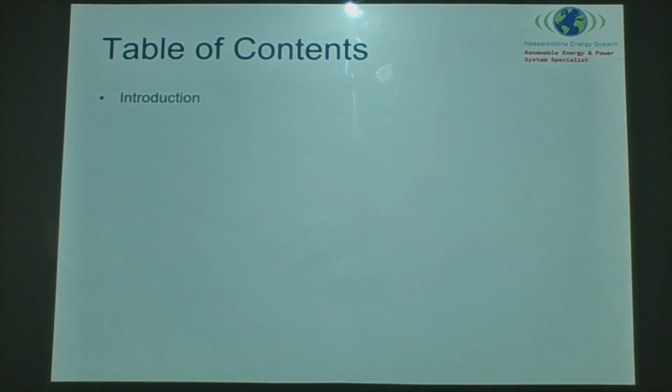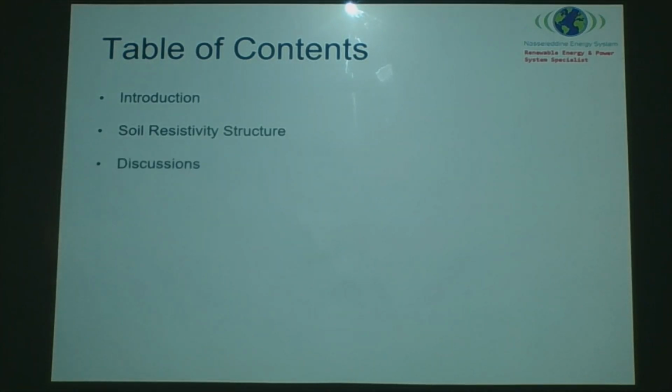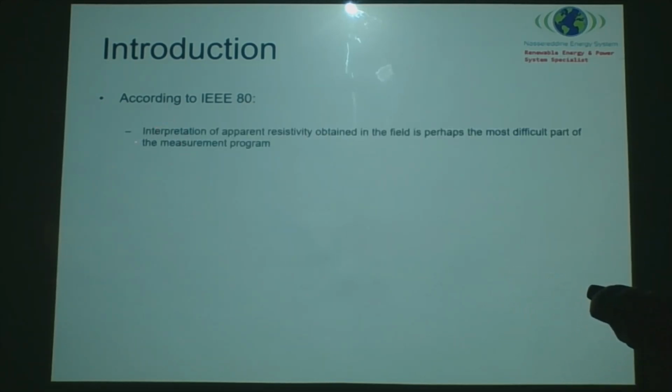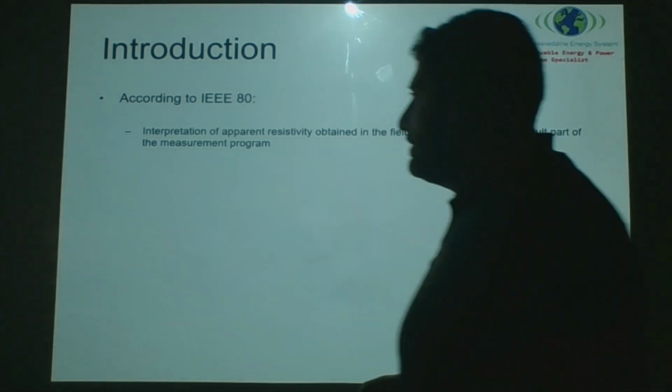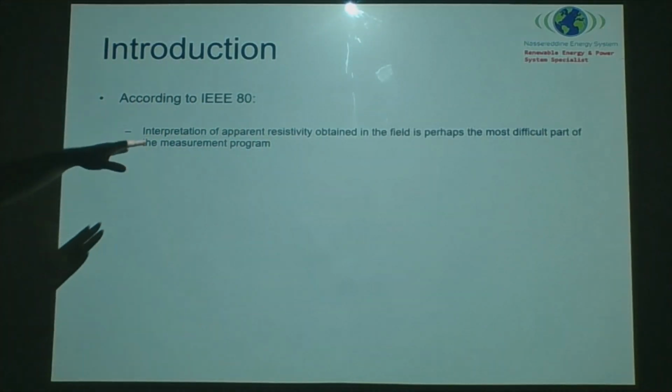So today, we are going to go through an introduction and soil resistivity structure discussions. Now, according to IEEE 80, this is very important, guys, to understand: interpretation of apparent resistivity obtained in the field is perhaps the most difficult part of the measurement program.